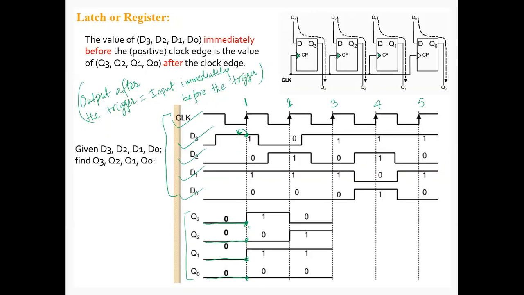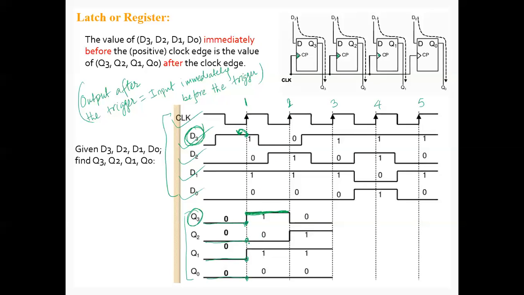We're talking about D3 and Q3, okay? Right before the trigger, D3 is 1. That's why right after the trigger, your Q3 is 1. See the logic? Because right before the trigger, your D3 is 1, and right after the trigger, your Q3 is 1. This is how the register works.